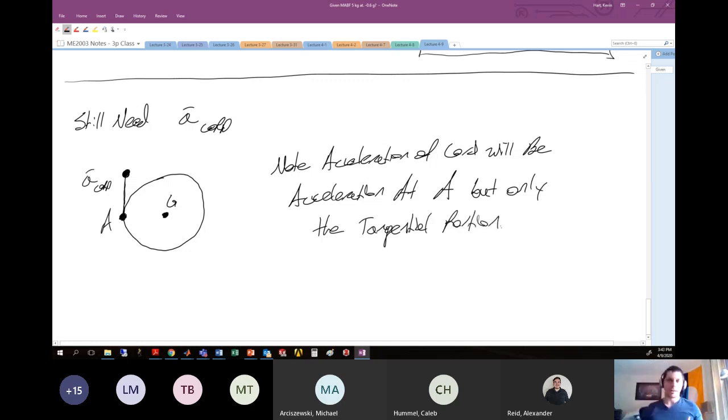That's because we have separated at point A as the tangent to that particular piece.